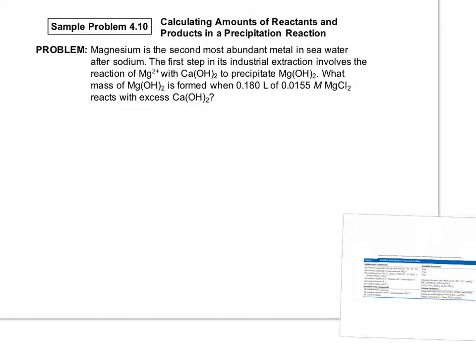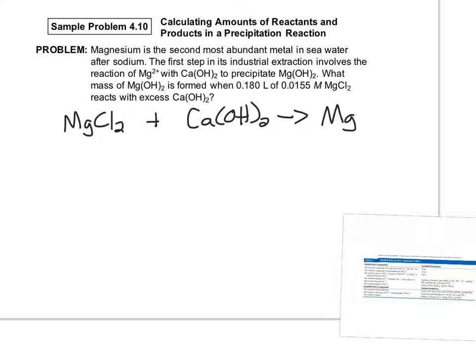Okay, so what are my reactants? They tell me in the problem that magnesium chloride reacts with calcium hydroxide, and it's going to precipitate magnesium hydroxide.